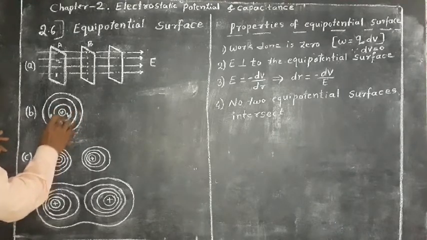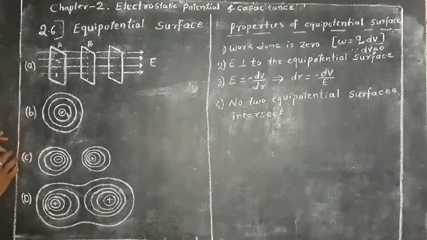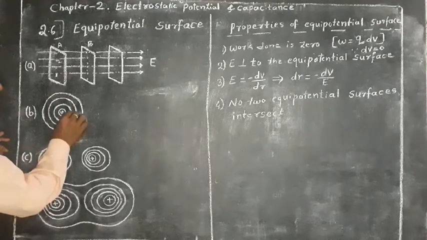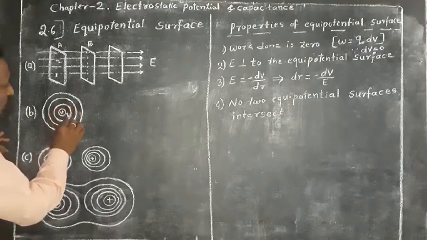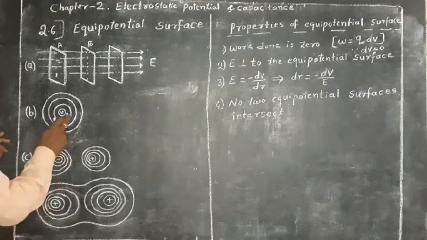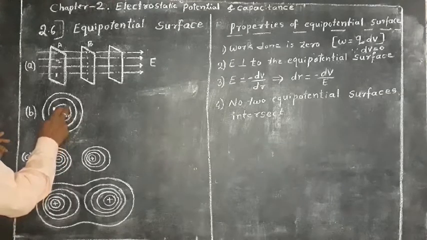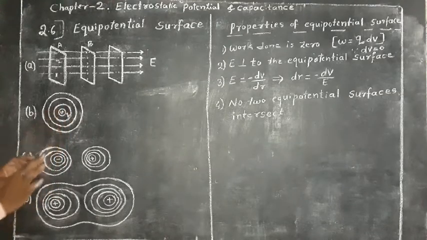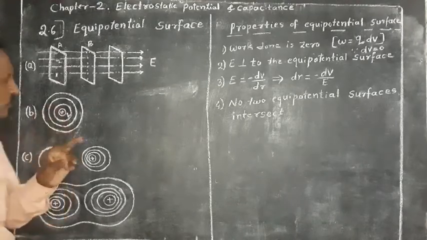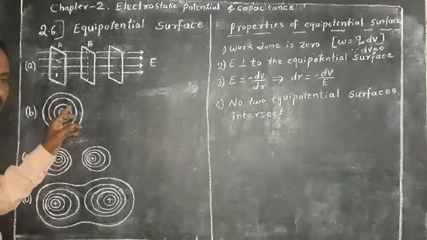Such a surface is called an equipotential surface, and the work done in moving a charge from one point to another on this surface is equal to 0, because the potential difference between any 2 points on an equipotential surface is equal to 0. It is at the same, equal potential.